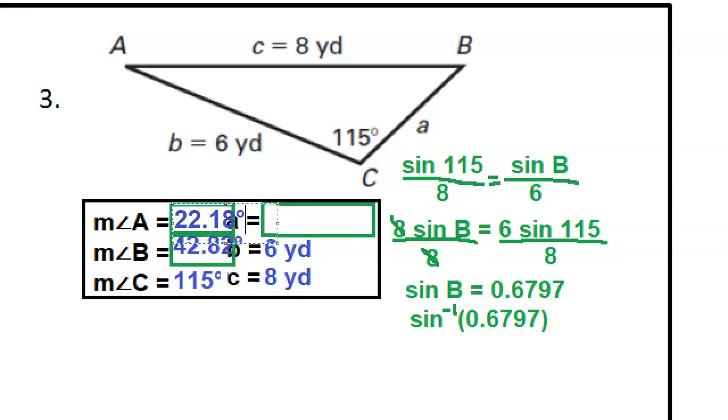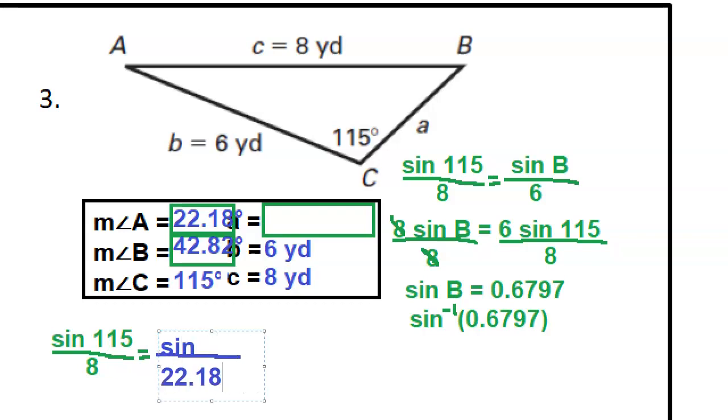And so now, since I have kind of a partial story of angle A, I can do the law of sines one more time, and I can figure out my final side. So I'm going to keep what we did earlier with the sine of 115 over 8, and I'm going to put it equal to what I have kind of a partial story of, which is the letter A, and that will give me the sine of 22.18 over little a.